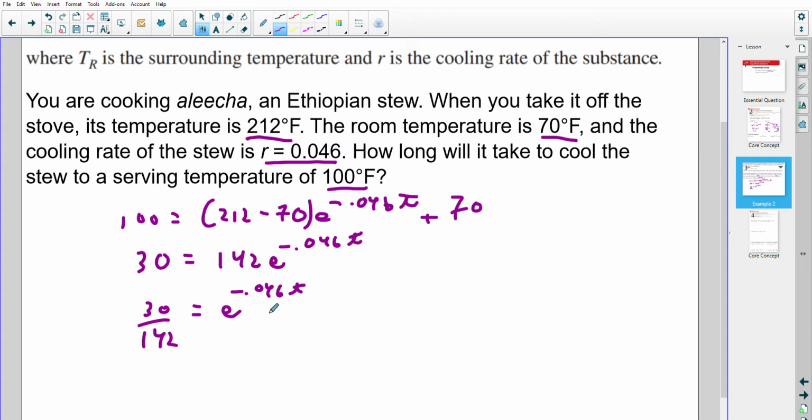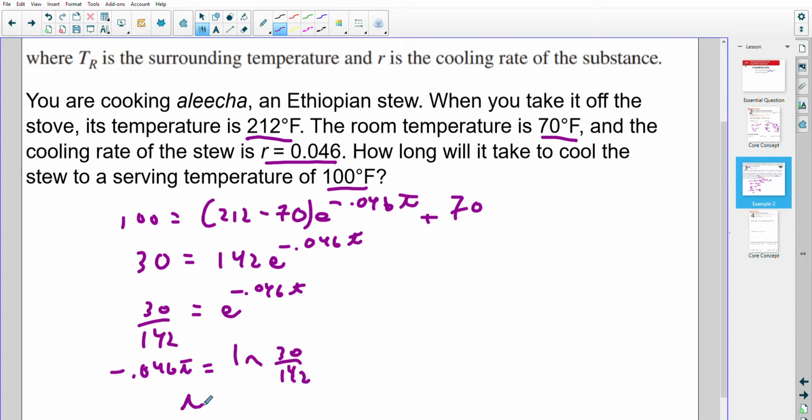At this point, we want to solve for my T. It's just the exponential on the right. So I'm going to switch the form by the definition and say that the exponent, negative 0.046 T, is equal to the natural log, because that's what the base is, of 30 divided by 142.